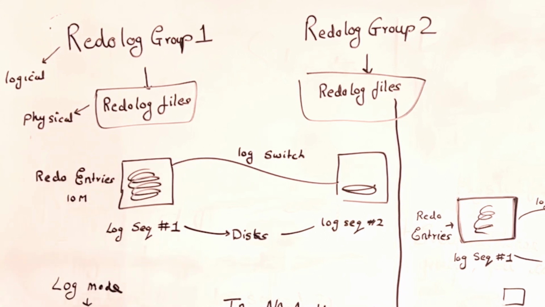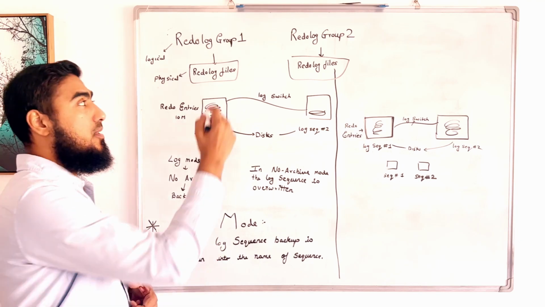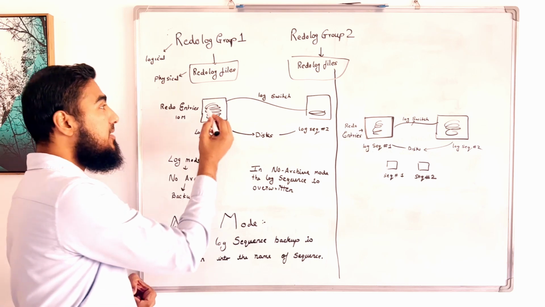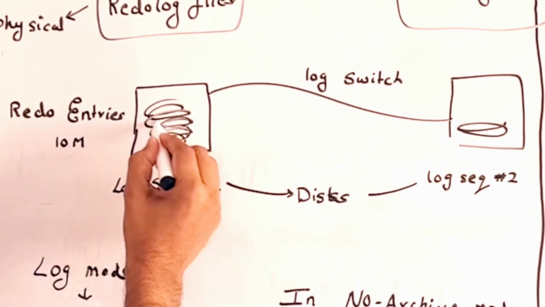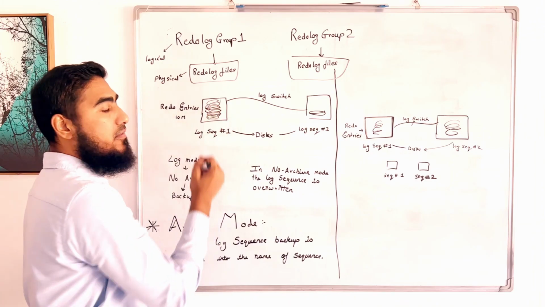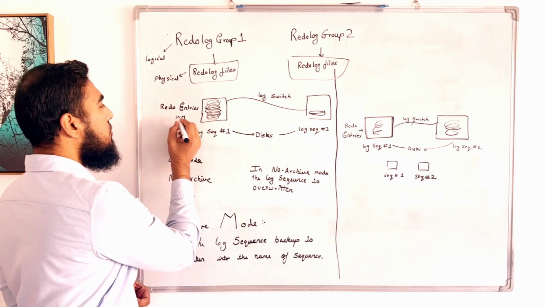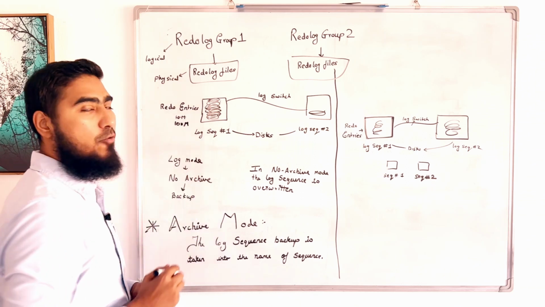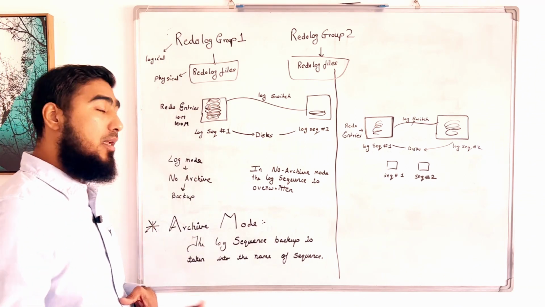Now we will understand the mechanism behind that. Each and every entry that is happening in the database is being recorded over here. Once this gets full, let's say the size was 100 MB, and now this size got full, what would happen?